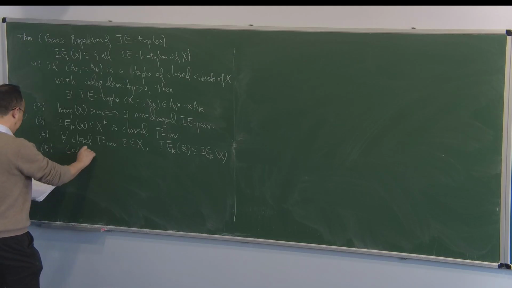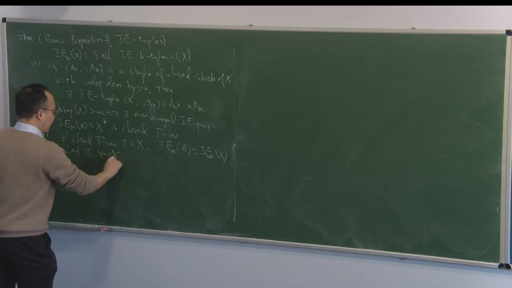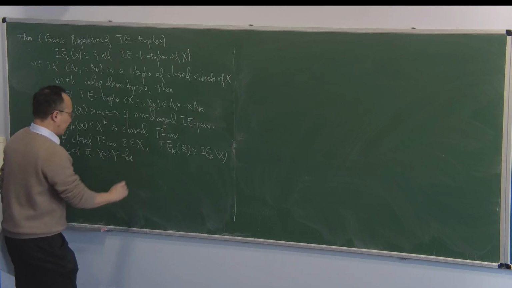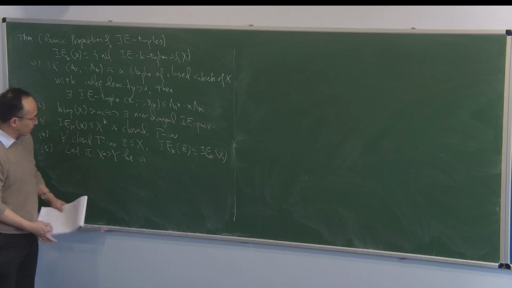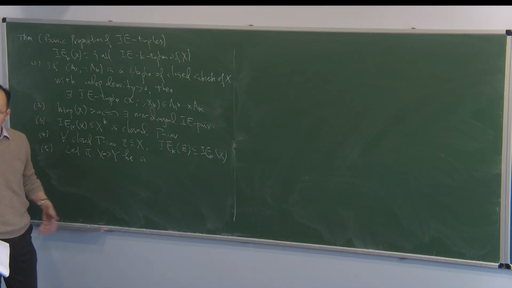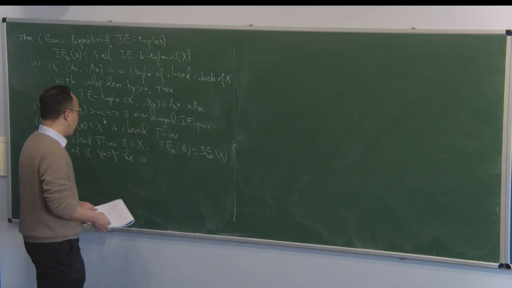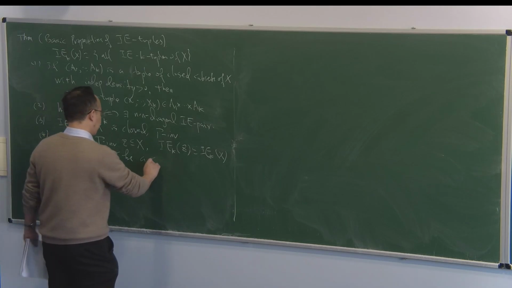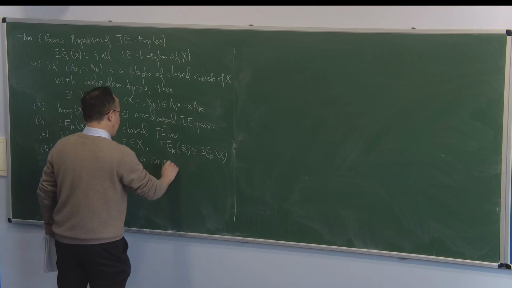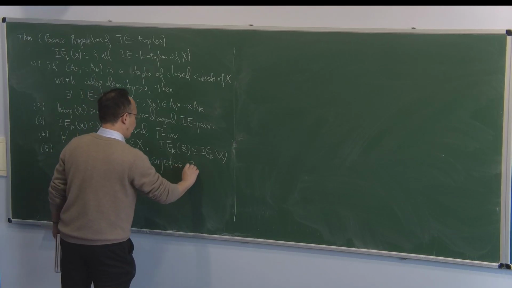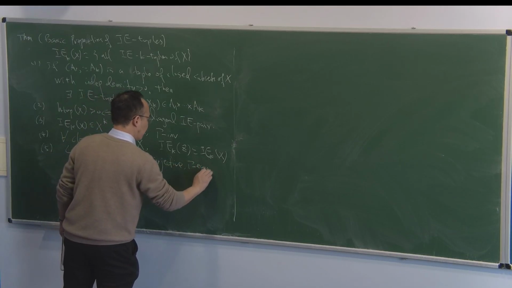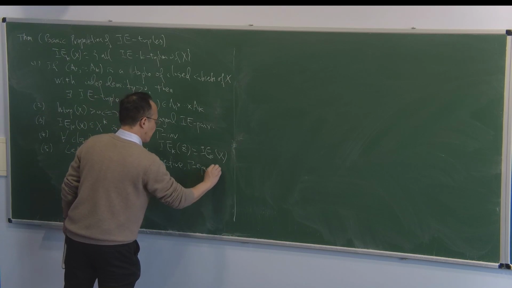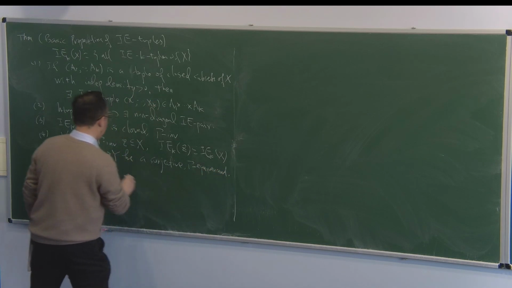The next one. If we have a factor map, that means gamma also acts on Y, and Y is compact metrizable, and this map is surjective, gamma equivariant, and continuous.